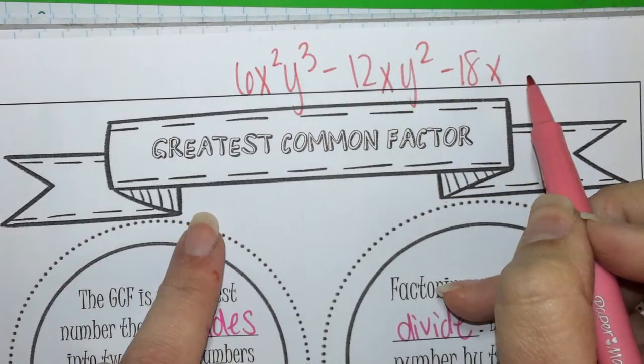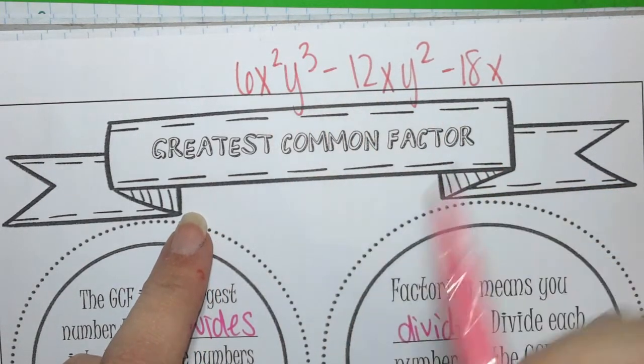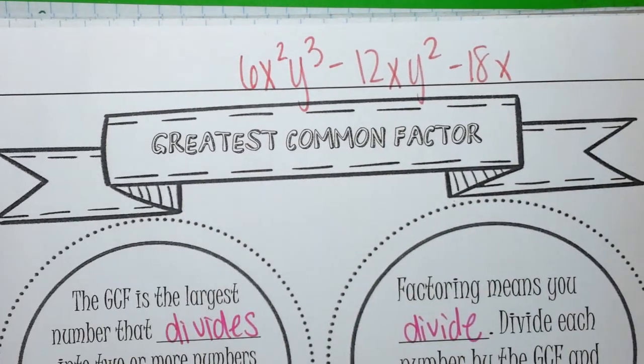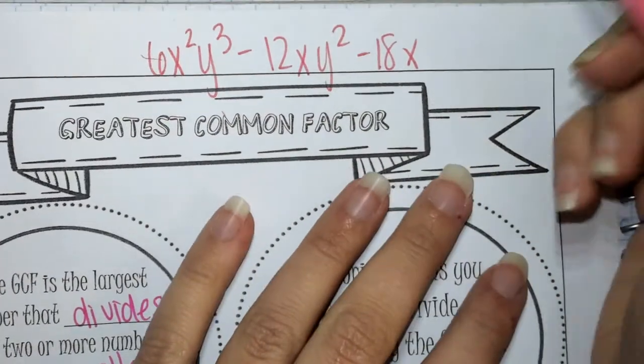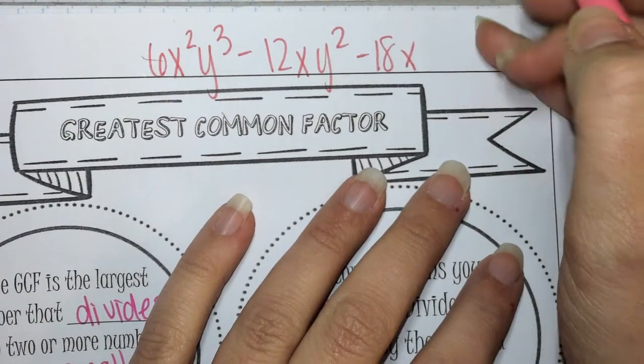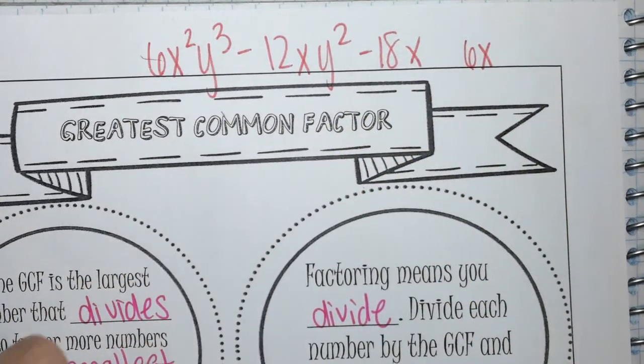Do those all have a y? No. So I wouldn't take a y out. But they all do have an x. So you would pull an x out. And what's the biggest number that goes into all of those? 6 is the biggest number. And you would just pull out 6x.